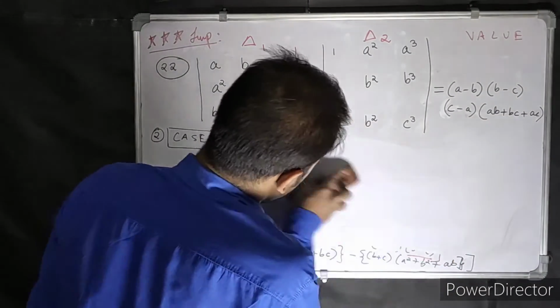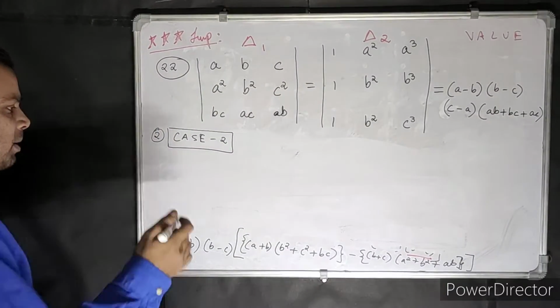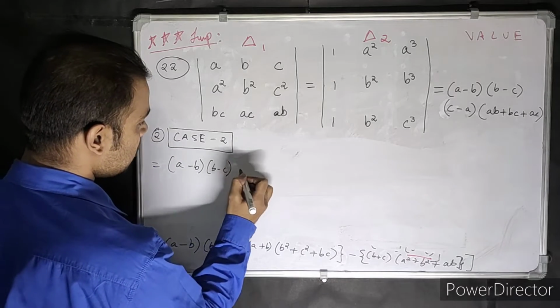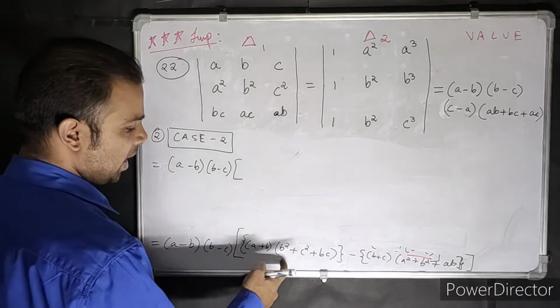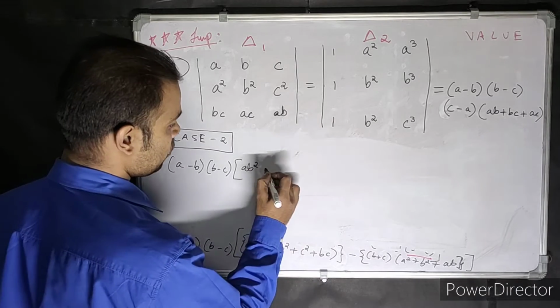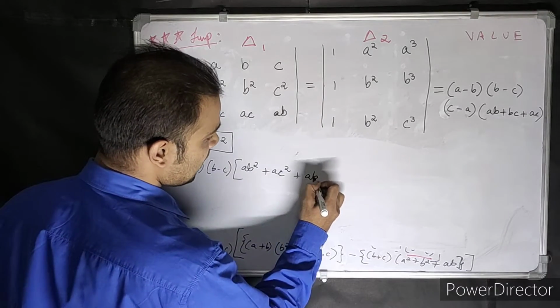Let's rub this off without rubbing that. Now (a minus b)(b minus c) is here, so write it: (a minus b)(b minus c). Now it's time for us to multiply. a into b square is ab square. This is ac square plus ac square. Then abc plus abc.